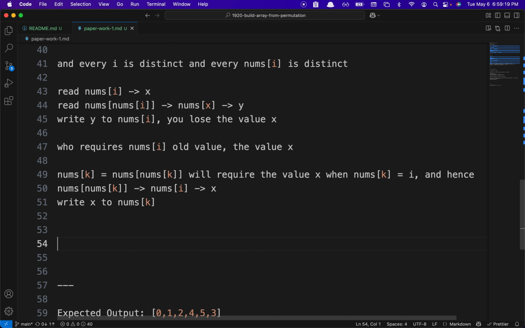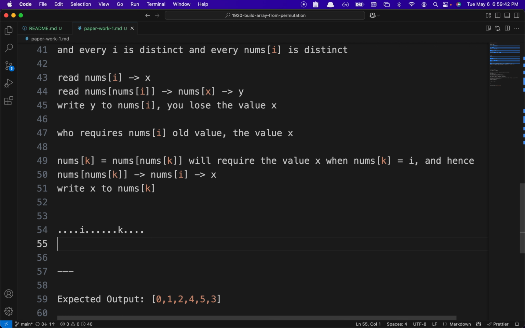Let's look at the actual values. Let's say there is I, there is k, right? This is the whole array, different values. Doesn't matter what these values are. So you need actually nums of I is initially x.